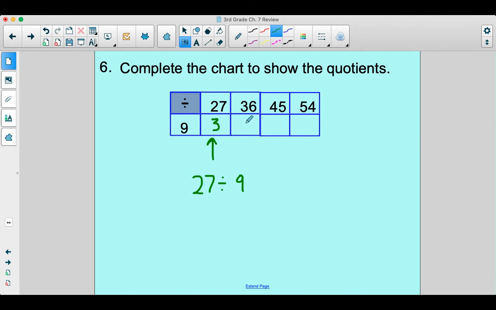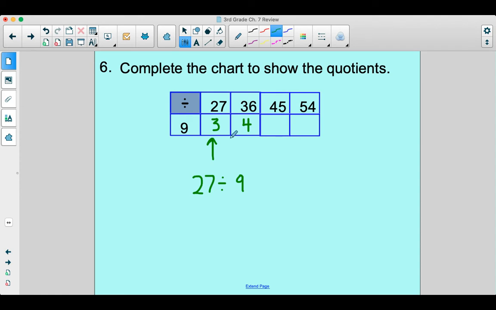So then this one, it looks like it's counting by 9s. So it's increasing by 9s from 27 to 36. So that means here I'm going to increase my answer by one more group of 9. 9, 18, 27, 36, 45.